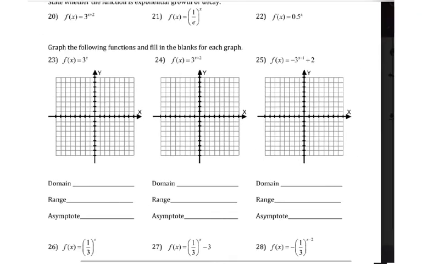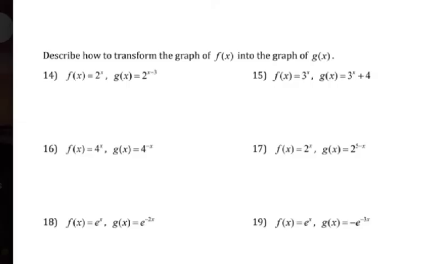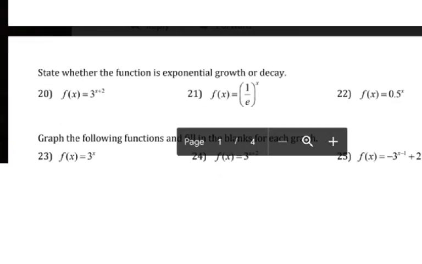Okay, number 20. State whether the function is exponential growth or exponential decay. Super easy. So the way that I would know this, exponential growth means that the base is the number that's underneath the x. If this number is bigger than 1, then that's called a growth.